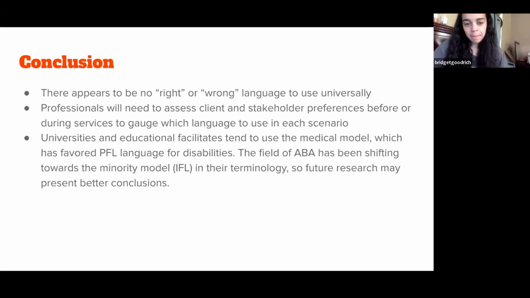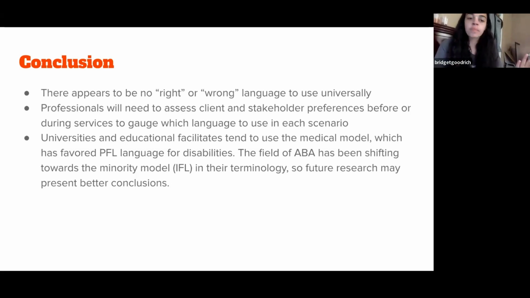I agree, to piggyback off of Cameron. I work with younger students, many of whom are non-speaking. So I will probably stick with person first just because I'm mainly interacting with stakeholders, 9 times out of 10, the parents. And again, that generational gap that I was talking about, they do seem to react better to child with autism than you have an autistic child.